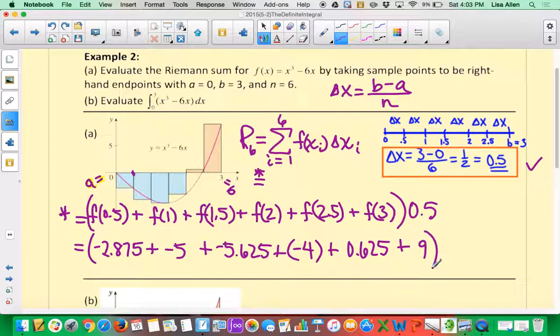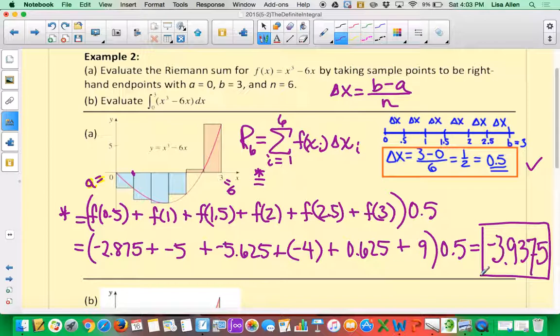Big parenthesis, and multiplying by 0.5. Calculating our answer, it looks like we get negative 3.9375. Almost negative 4, it looks like.